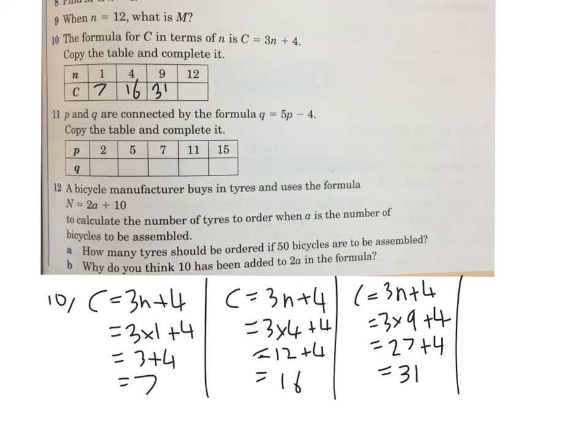And finally, the last bit in the table is when n is 12, what's c? So that gives you 3 times 12 plus 4. So that is 36 plus 4, which is 40. You can see I skipped the formula this time, and just written it out. You don't need that first line, but it's important you do have at least that.